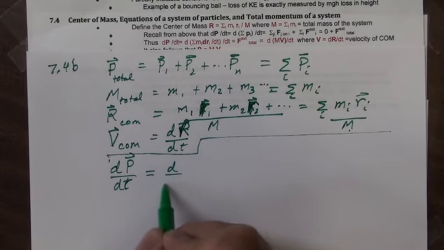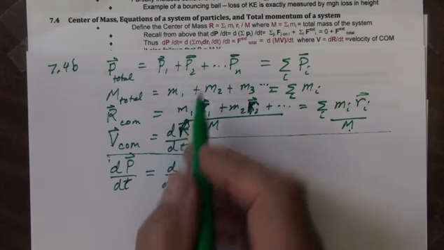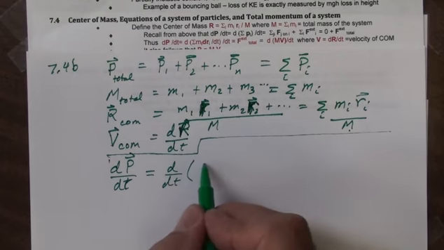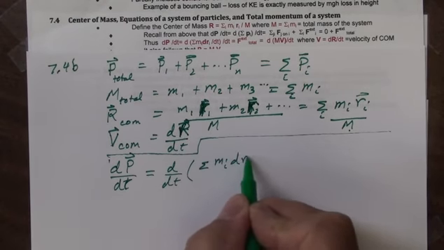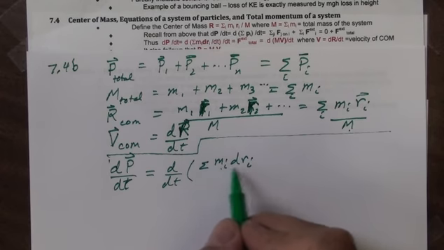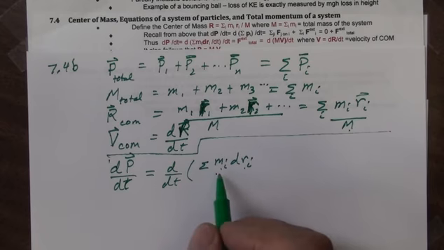That's going to be d/dt of, well, what is the whole momentum? It's the sum of m_i dr_i/dt, that's mass times velocity, that's the sum of dp_i over dt.